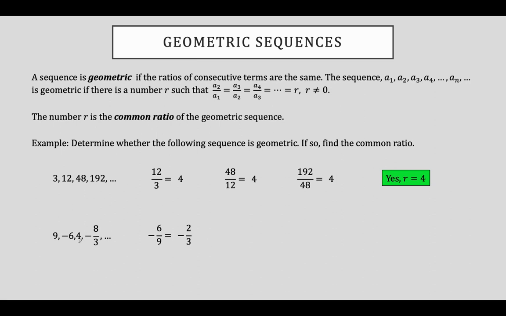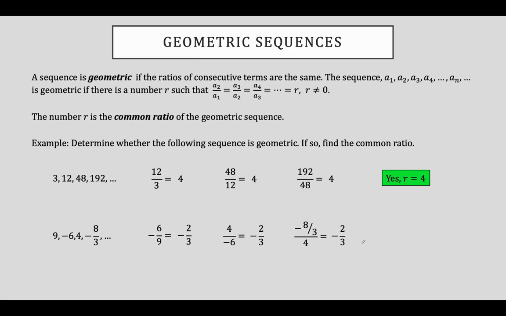I could take the third term and divide by the second term. 4 divided by -6 turns into -2/3 again. And finally, I could take the fourth term, -8/3, and divide by the third term, 4, and -8/3 divided by 4 reduces into -2/3 as well.